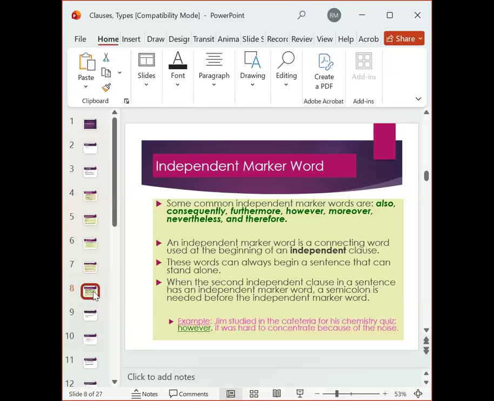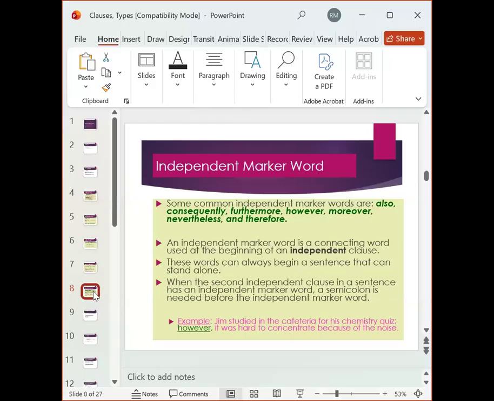Furthermore, the next structure that will follow it will be an independent clause. It will not be a dependent clause. So these words are also called independent markers, just as we saw for the dependent markers. Whenever you use any of these words, know that whatever structure is following it must be independent, must make a complete thought.